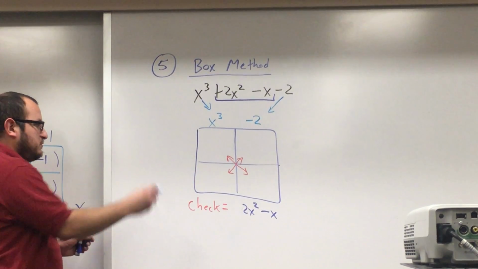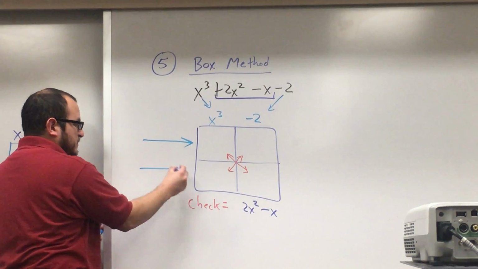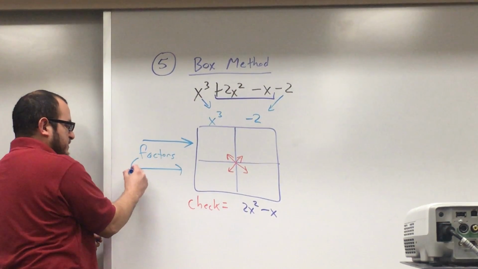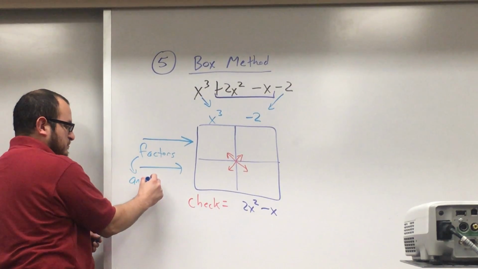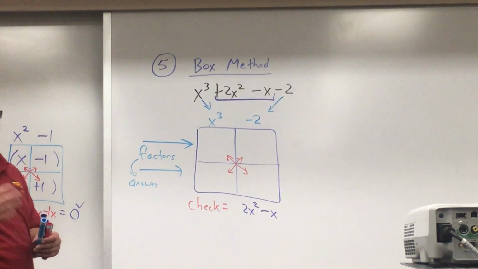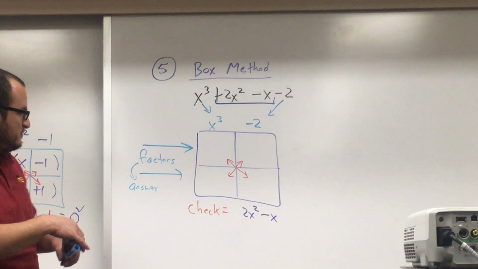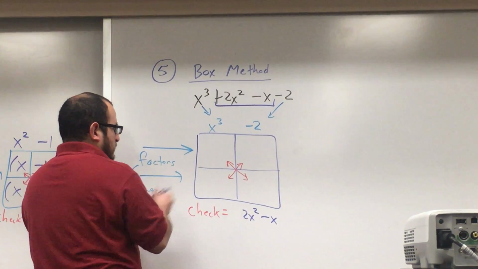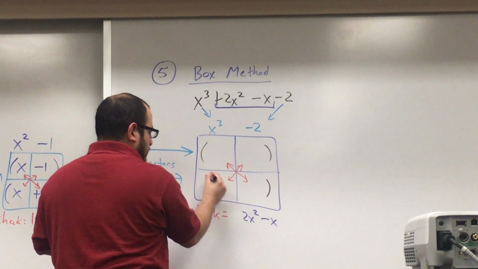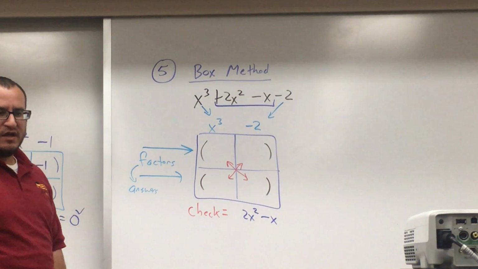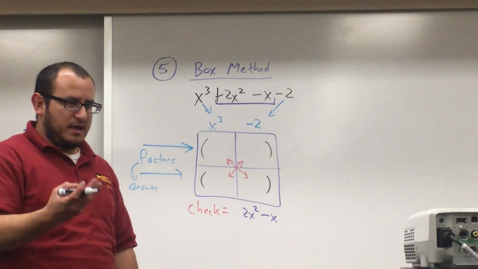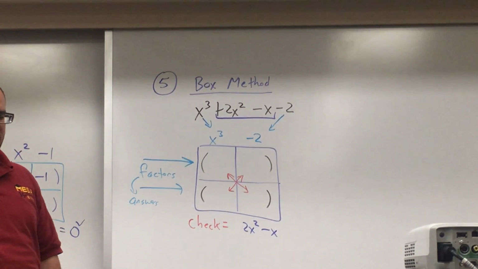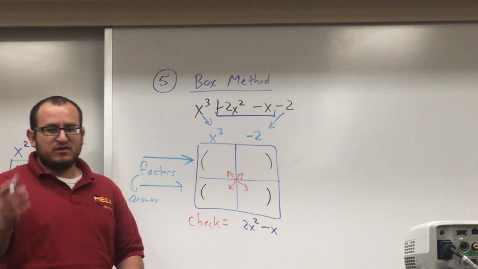Alright, let's review. Our factors or our answers go this way. These are known as factors, also known as your answers. Okay. Also known as your roots, zeros, they all mean the same thing. Okay. All right. How many ways can you get x cubed? Well, if you think about it, we could get x squared times x, negative x squared times negative x, but again, don't worry about it, I'm going to tell you a rule of thumb.